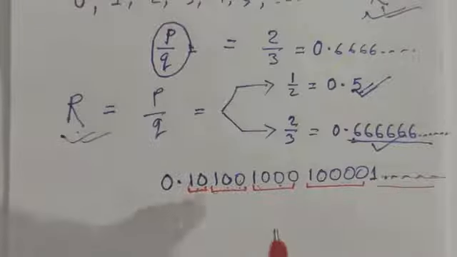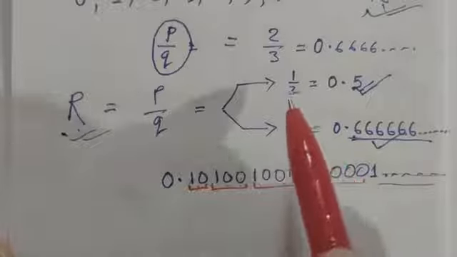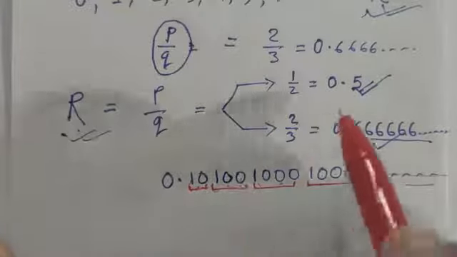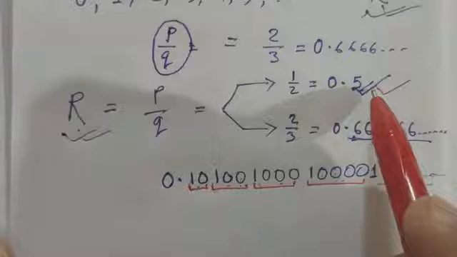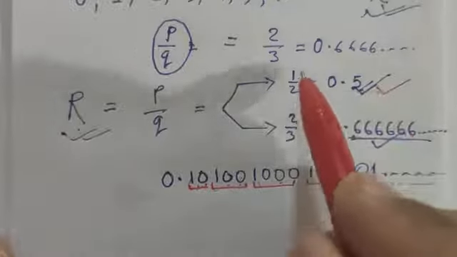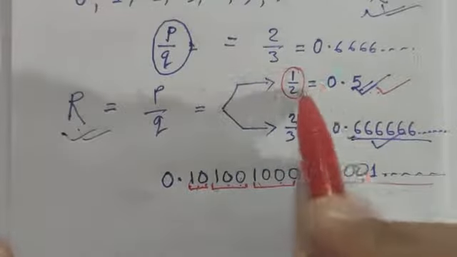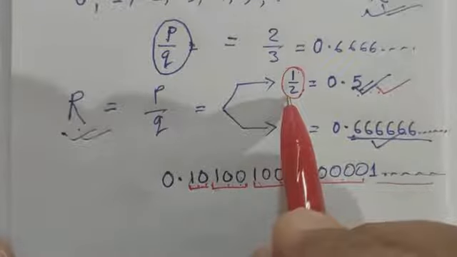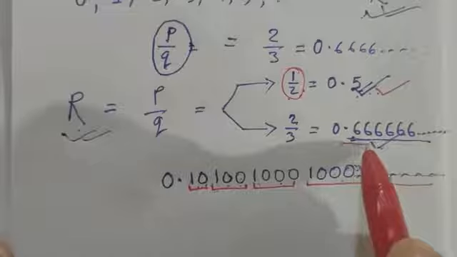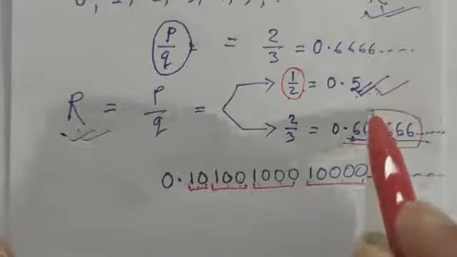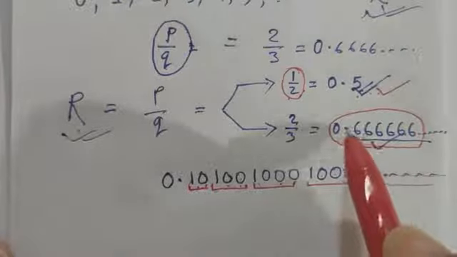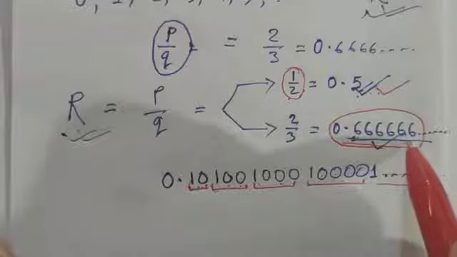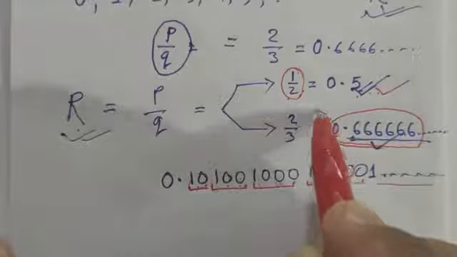Is that clear? So we have got three types of decimal expansion now in all. The first one is terminating. Terminating decimal expansions are rational numbers; they can be expressed in the form p by q. Then non-terminating but repeating: they are also rational numbers, and they can also be expressed in the form p by q.